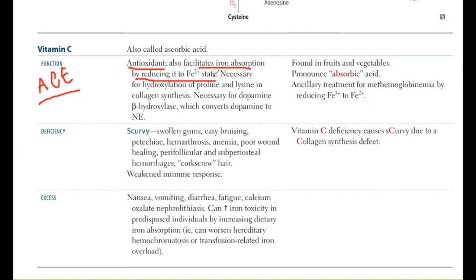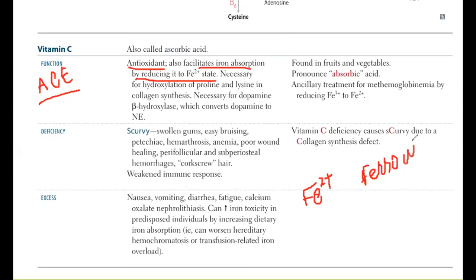Now, many people are confused with Fe2 positive and Fe3 positive. We have this Fe2 positive, okay, and we call it ferrous.